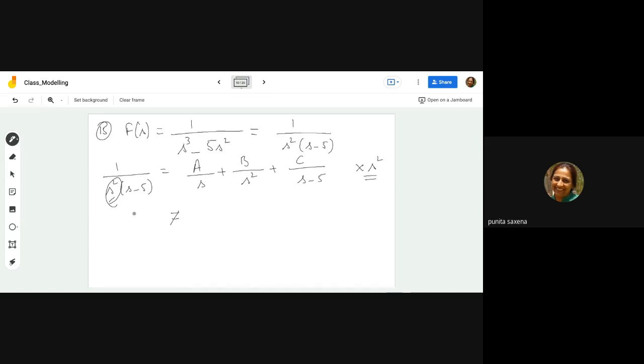And we get 1 upon s minus 5 is equal to As plus B plus Cs square upon s minus 5. Now I put s equal to 0 here. So what value would you get?